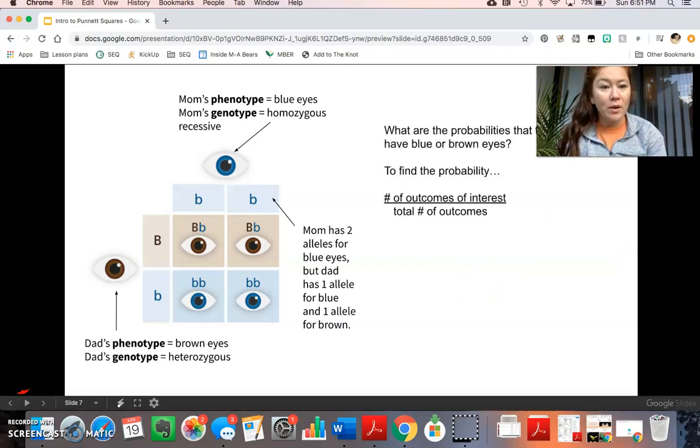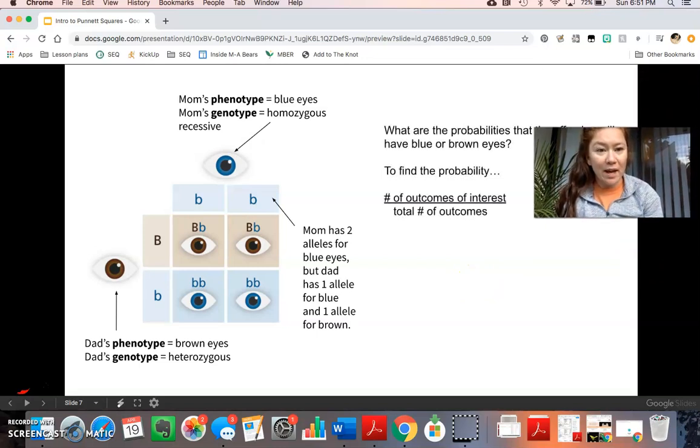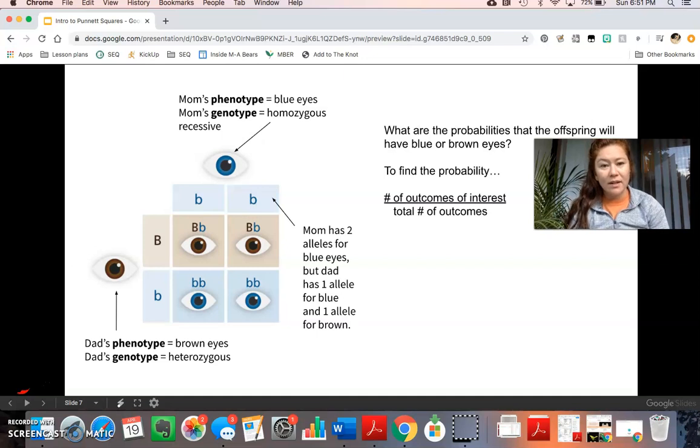So what are the probabilities that the offspring will have blue or brown eyes? To find the probability, we just do some very simple math. We take the number of outcomes of interest, the thing that you're looking for, out of the total number of outcomes. So we would divide the number of, say, blue outcomes over the total number of outcomes.